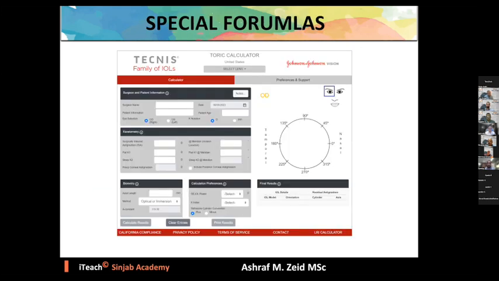And we have special formulas, like the toric calculator or any other IOL rather than the standard one. You put the data that they ask for, especially the surgically induced astigmatism of the surgeon, and you can post where you want your incision to be, and the steep and flat meridian, and you can include the posterior corneal astigmatism as well.